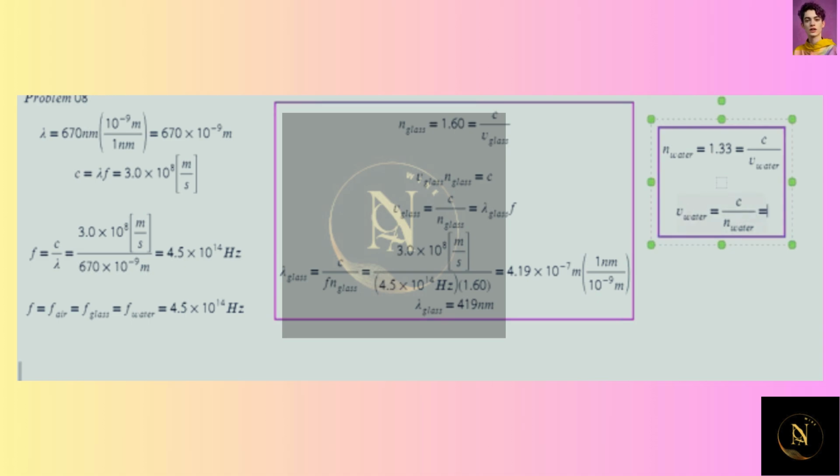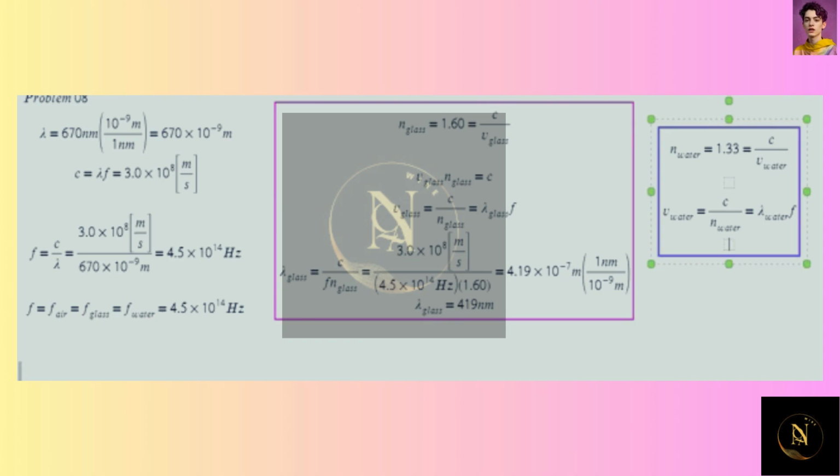And this is going to be equal to lambda water, the wavelength in the water, times the frequency in the water, which is just f. Okay, here let's go ahead and solve for lambda water. We divide both sides by f.